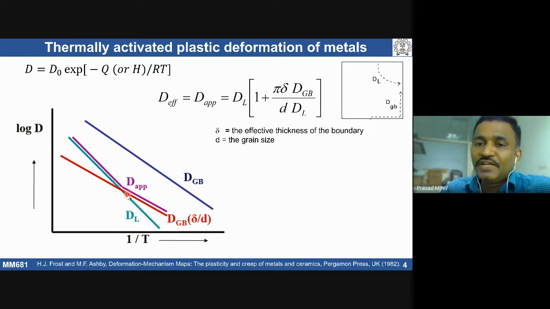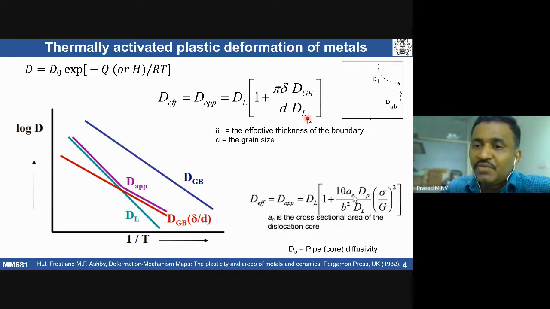If you take polycrystalline materials at low temperatures, diffusion along the grain boundaries is the one to consider among the effective diffusivities, so this is dominant at low temperatures. At high temperatures, lattice diffusion is dominant.